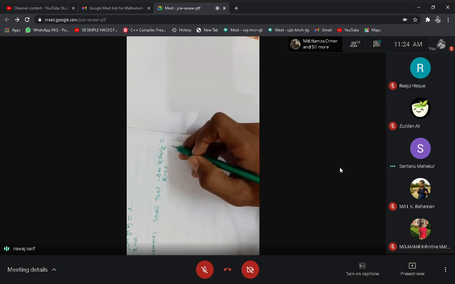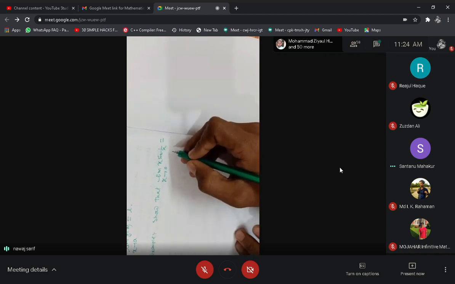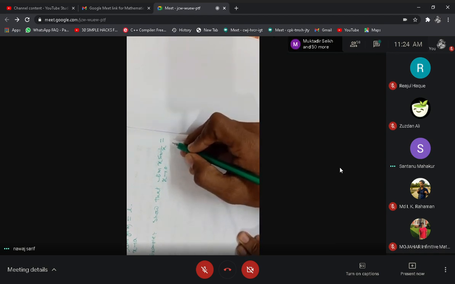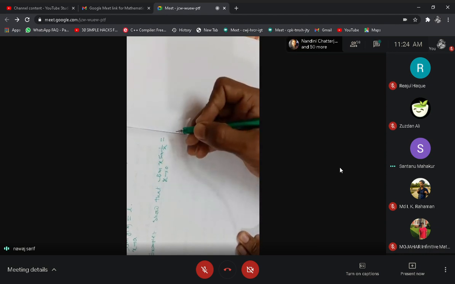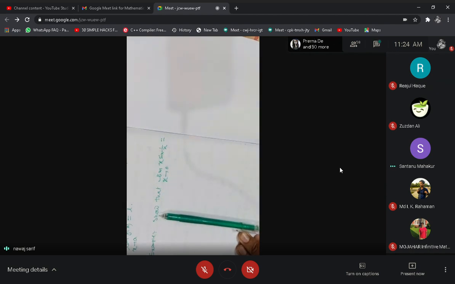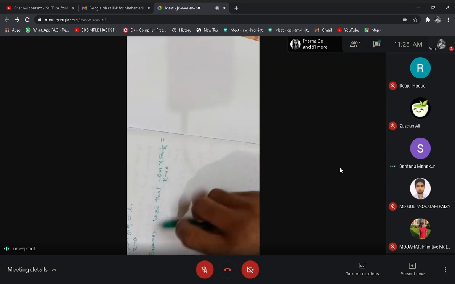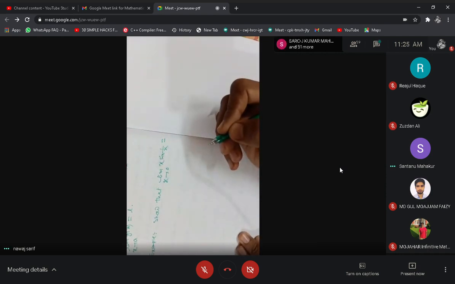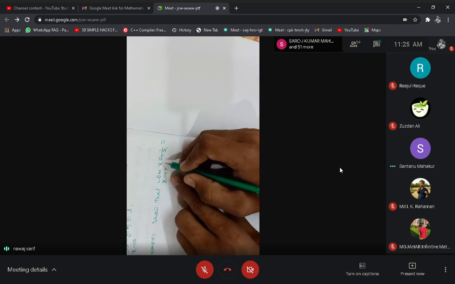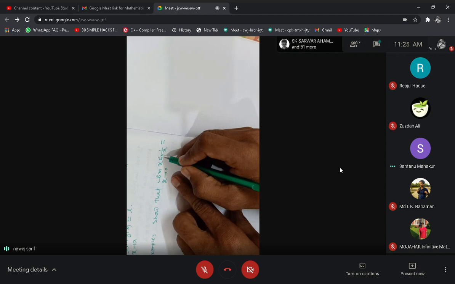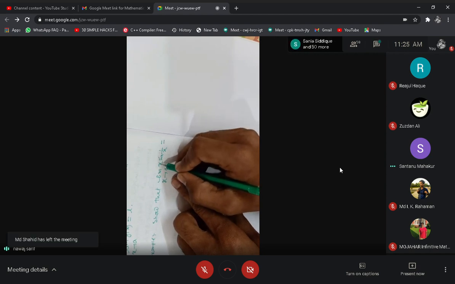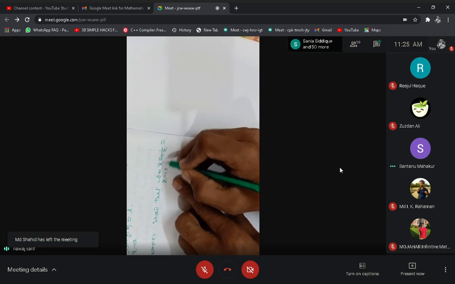Okay, and we know that sine x is a function whose range is -1 to 1. So whatever the value of x, sin x never goes to infinity. Understand? The range of sine is -1 to 1. If we apply the product formula here, limit x tends to 0 of x into sine 1 by x, these are two functions, f(x) and g(x).